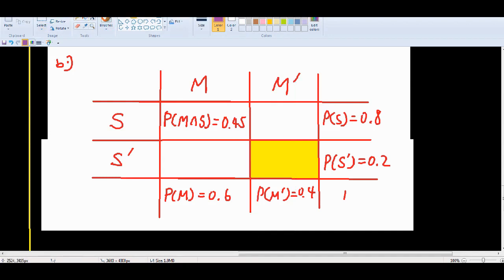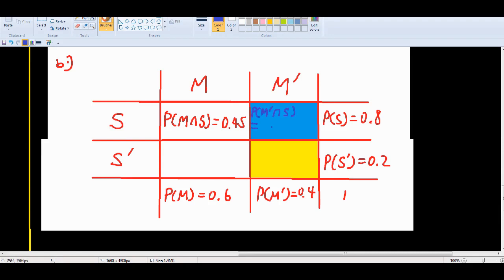When we consider this column, I have to find the probability in the blue box: not born in Mackay but participating in sports.